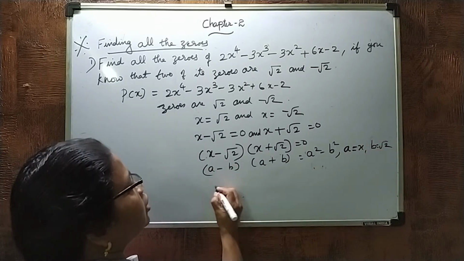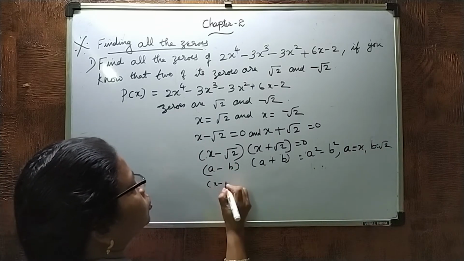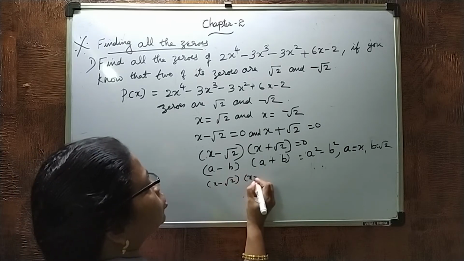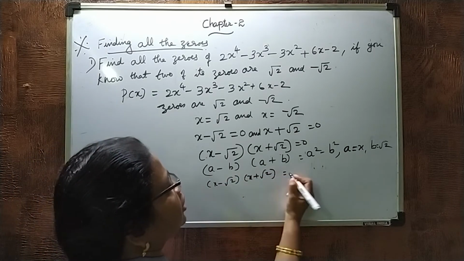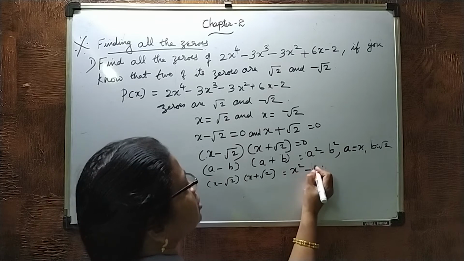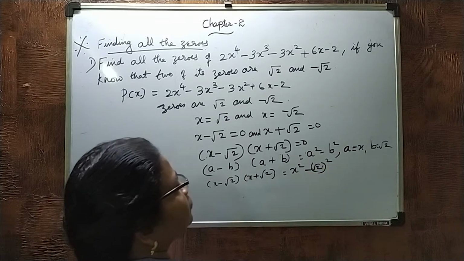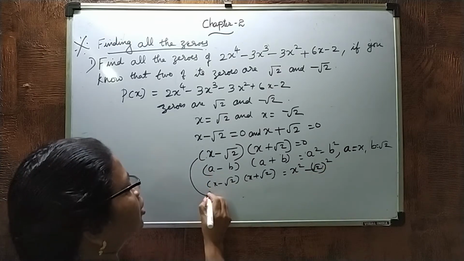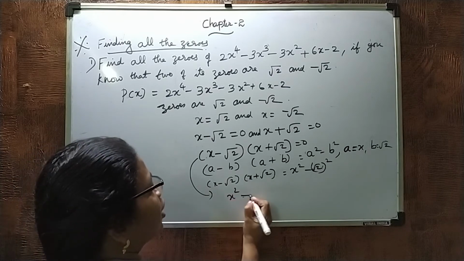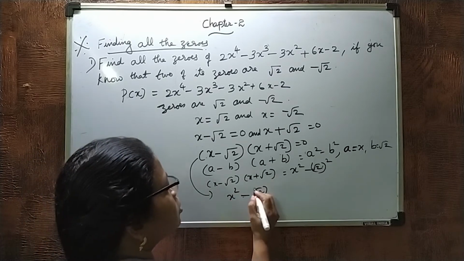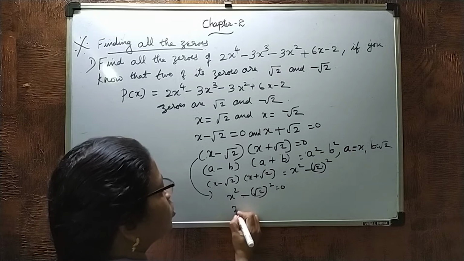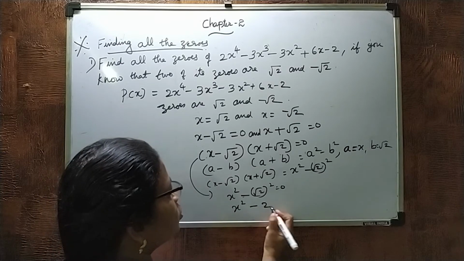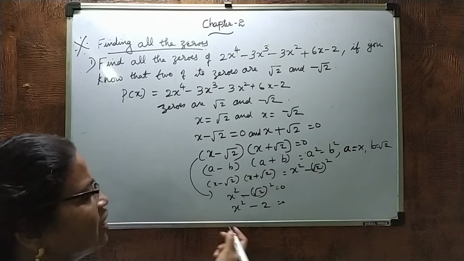Just apply this one. So x minus root 2 into x plus root 2 can be written as x square minus root 2 square. That means this will become x square minus 2 equal to 0.